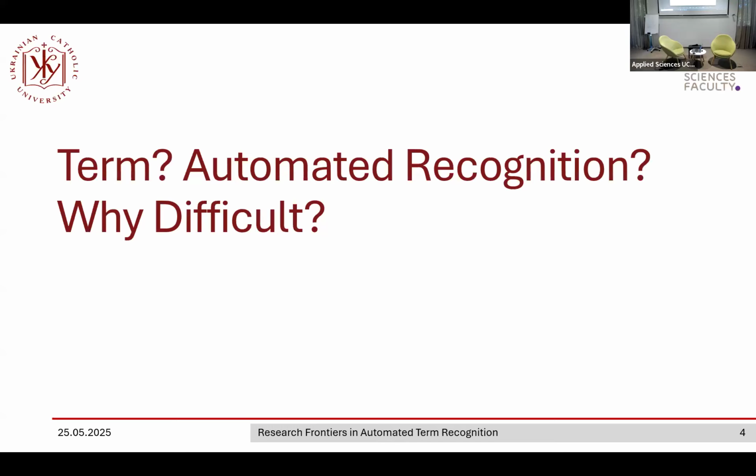Let us start with the challenges. I will tell you what is a term. To be more correct, I will not tell you what is a term. I will tell you instead what is automated term recognition, and I will emphasize why the stuff is that difficult.